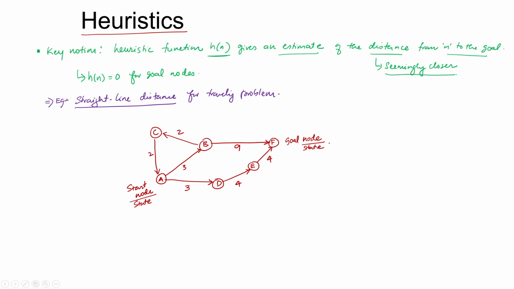Okay. Now let us say that H of A is equal to 9, H of B is equal to 8, H of C is equal to 9, H of D is equal to 6, H of E is equal to 3, H of F is equal to 0.